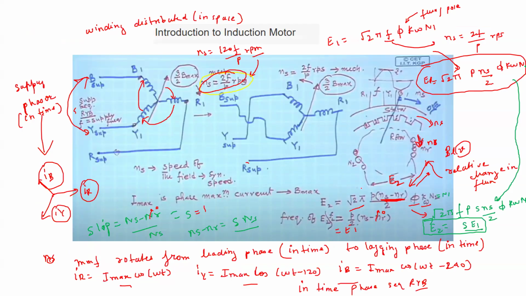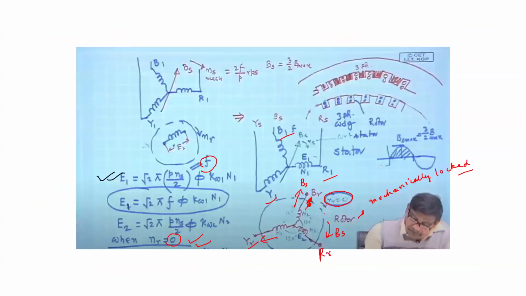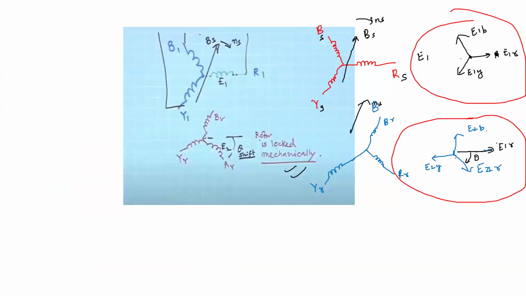So this is the magnitude or RMS value of this E2, but it will also have a phase, depending on this distribution in space. Because of this distribution in space, this 120-degree thing is coming. So this E2 has E2R, E2Y, E2B depending on where it is located.